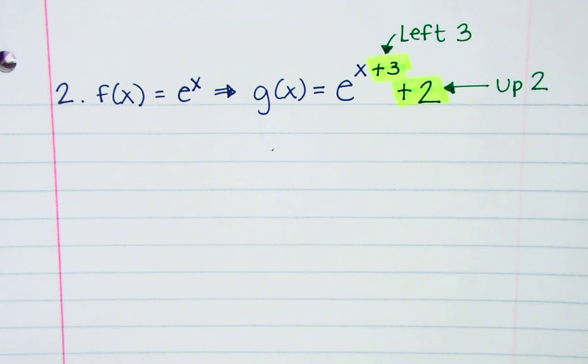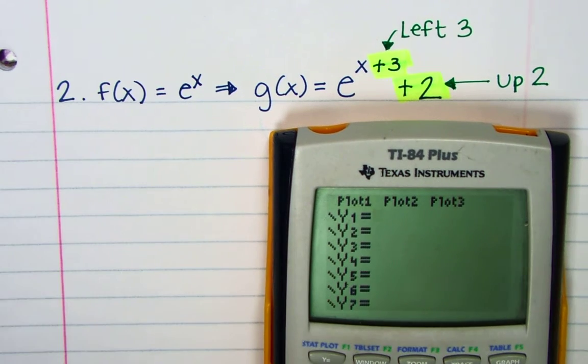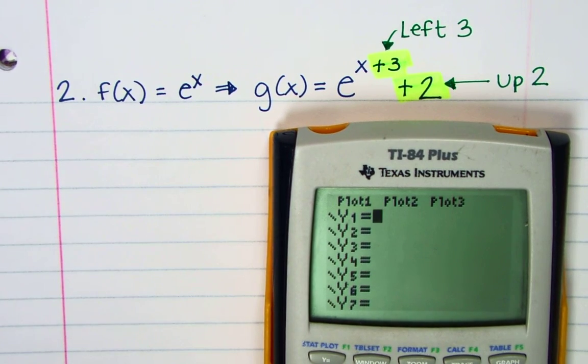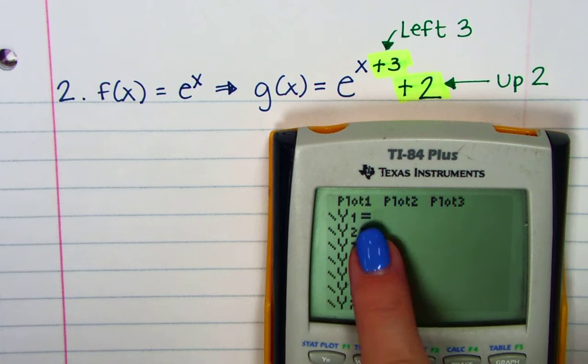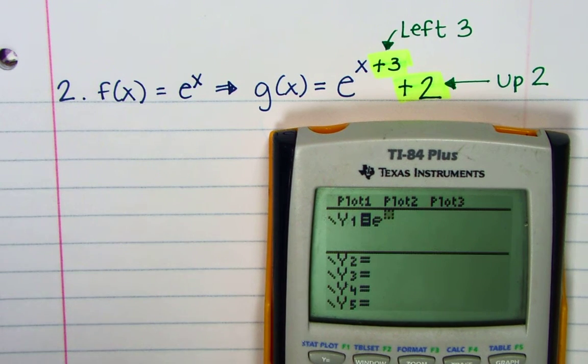Go ahead and clear your RAM and go to y equals. Since there's exponents and parentheses and buttons that we're not super used to, a lot of it will be getting used to where stuff goes. So in f of x, we're going to put our original, which is second ln. That's how we get the e. The ln button is down by the 4. So second ln.